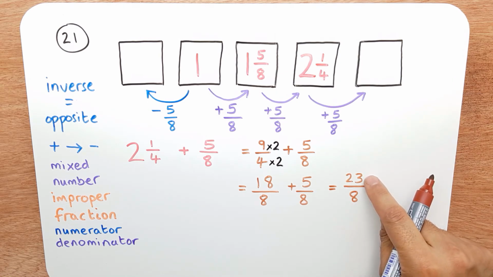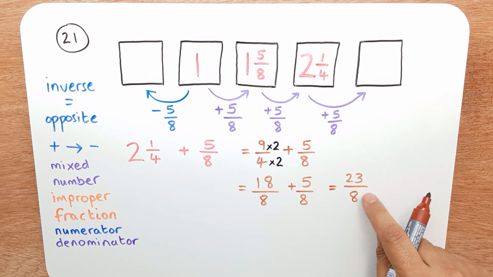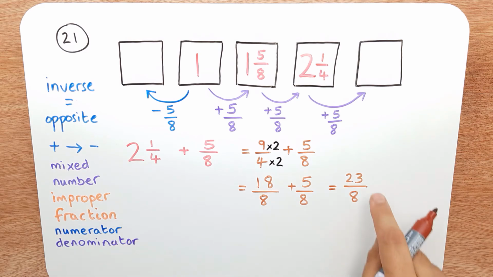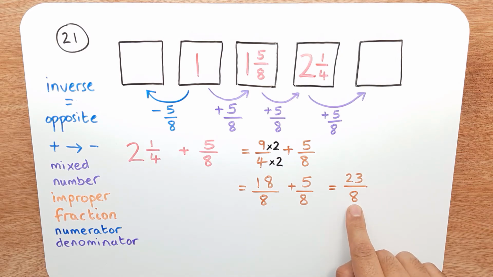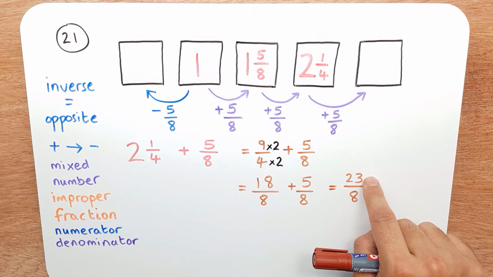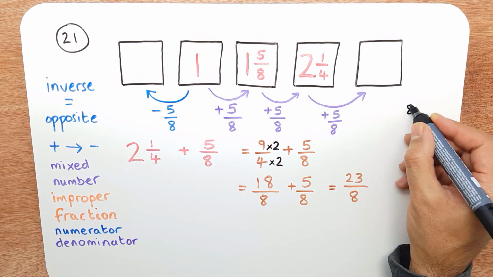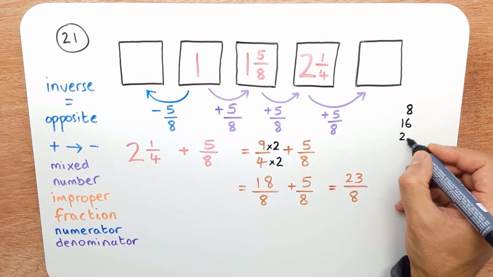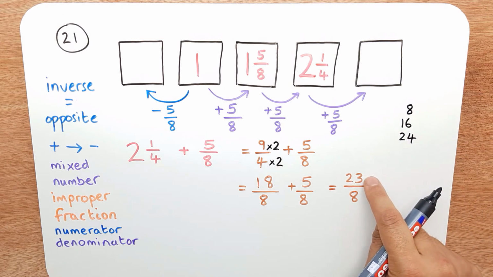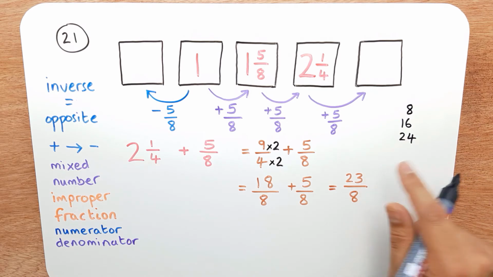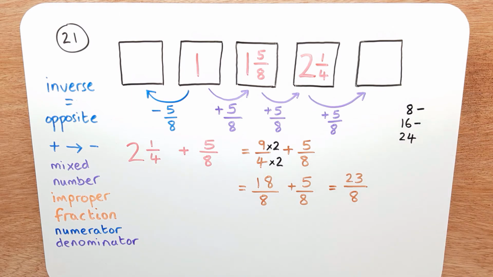Now the numerator is bigger than the denominator, so this here is an improper fraction. Now how do I turn an improper fraction into a mixed number? I ask myself, how many 8s are there in 23? So again, this is where you need to know your times tables. So let me do my 8 times table. 8, 16, 24. We've gone past 23, we can stop there. So how many 8s can I get from 23? 1, 2.